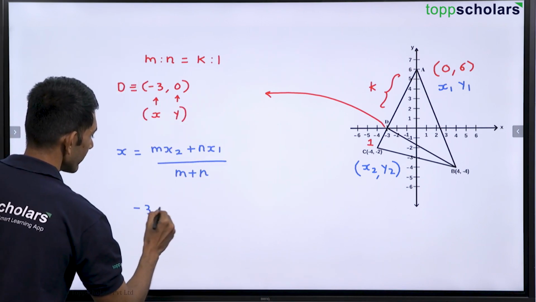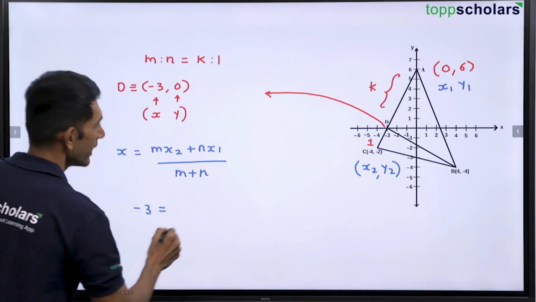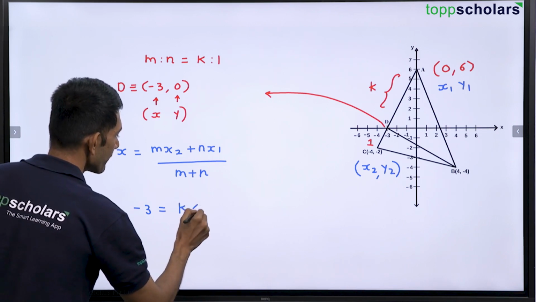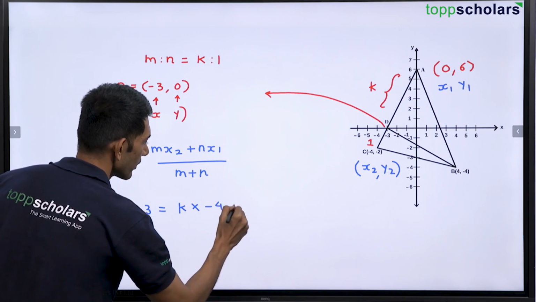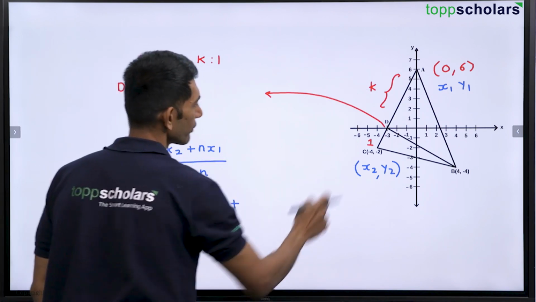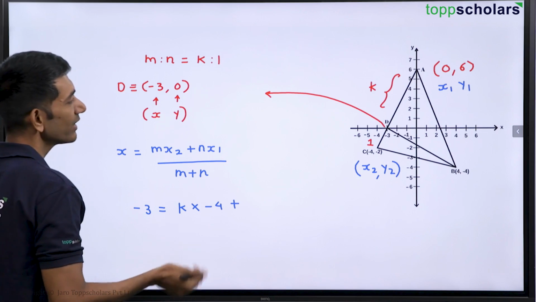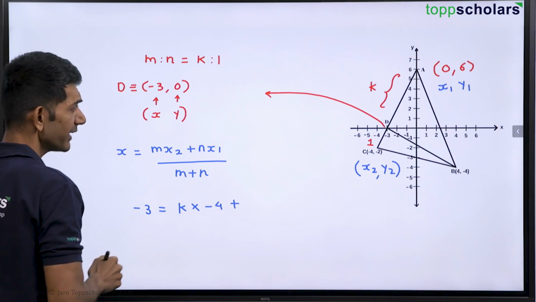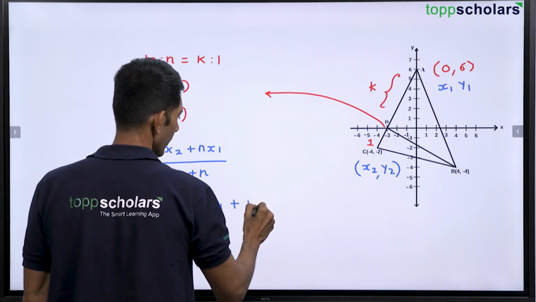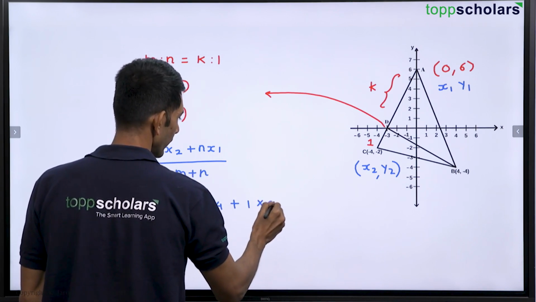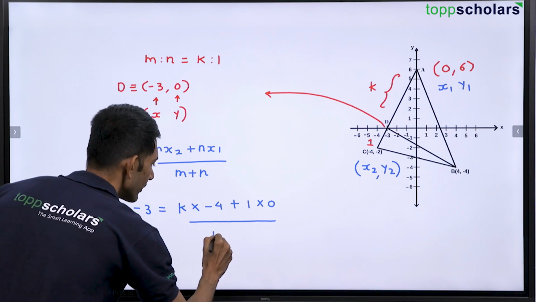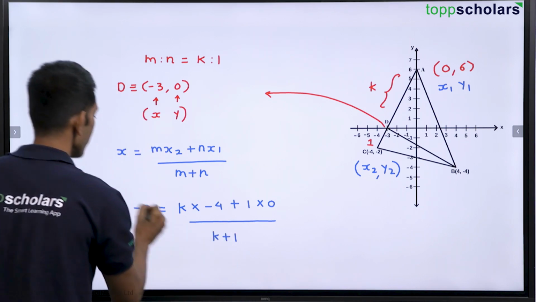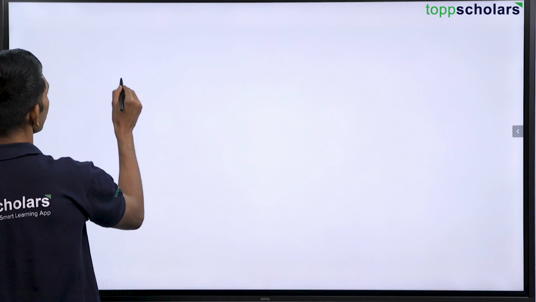So can I say minus 3 is equal to m is k into x2. x2 is minus 4. K into minus 4 plus n into x1. N is what? N is 1. 1 into x1 is 0 by m plus n, that is k plus 1. So k plus 1 goes here.